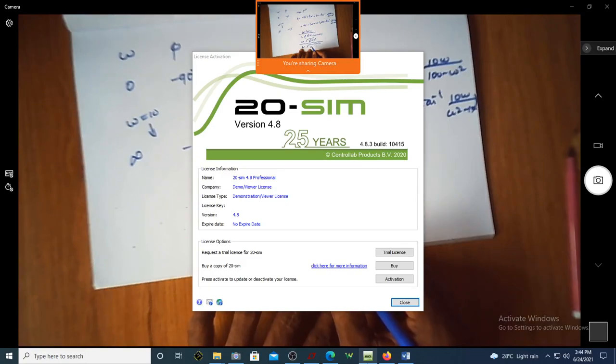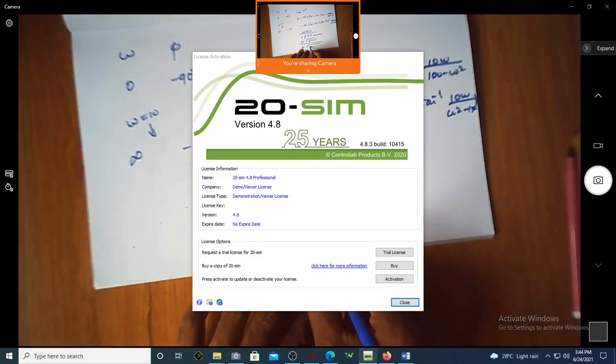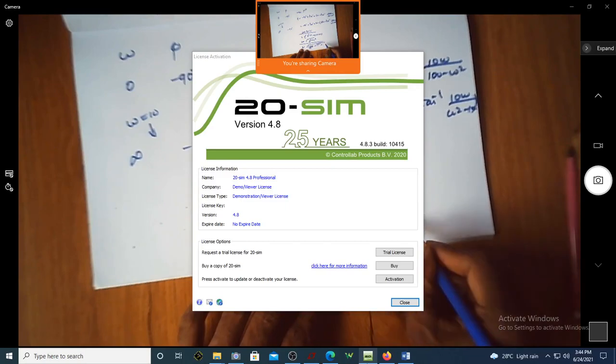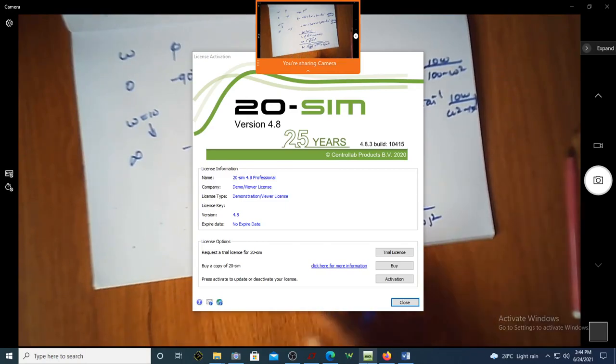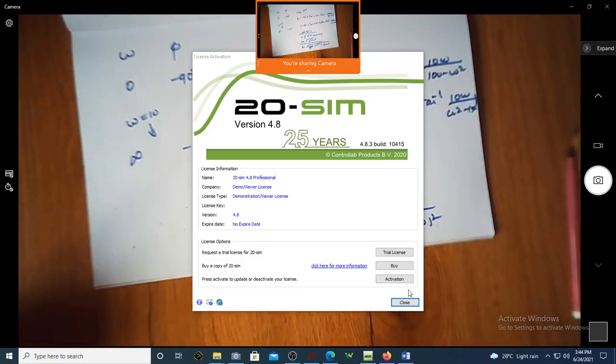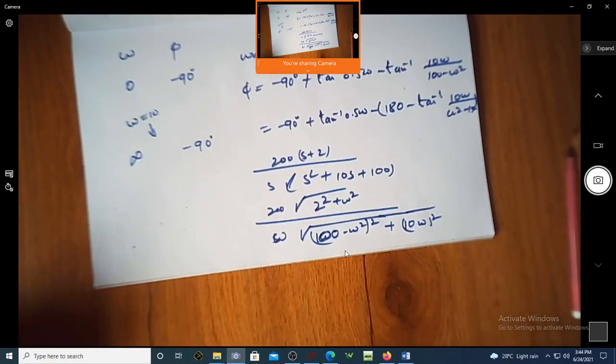Is it like, okay, what will be the real term? Is it 100 minus omega square whole square plus of 10 omega whole square? Am I correct? Yes, sir. Magnitude.